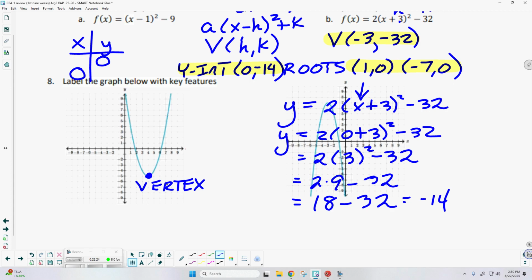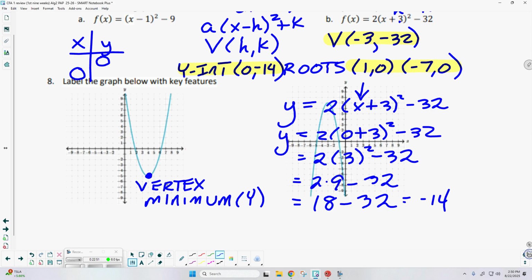The vertex is either the valley or the peak of your parabola, depending on how it opens. Now, this vertex in particular, does it contain a maximum or a minimum value? Contains a minimum because it's at the lowest point. Think of it as the bottom of a valley. So it contains a minimum. And every time we're talking about a minimum or a maximum, it's the y value of the vertex.